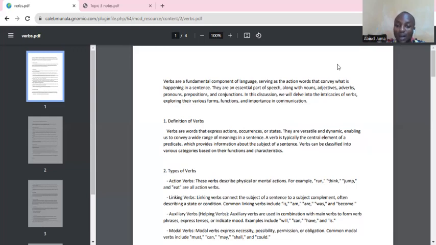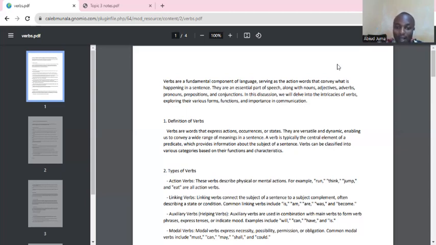And you also have auxiliary verbs or helping verbs. Auxiliary verbs are used in combination with the main verbs to form a verb phrase, express tenses, or indicate mood. Example, will.